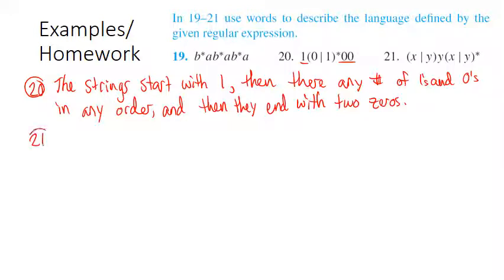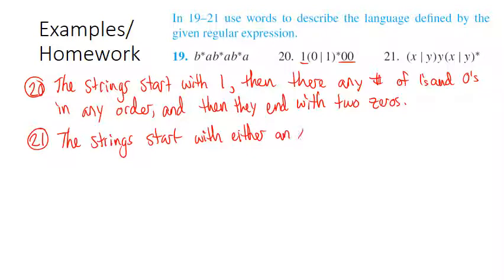Okay, so then for 21, what do they look like? So the strings start with either an x or a y. So that's from right there. Okay, and then there's a y.